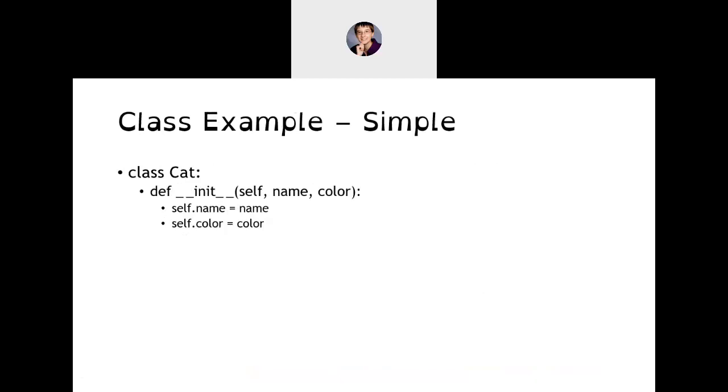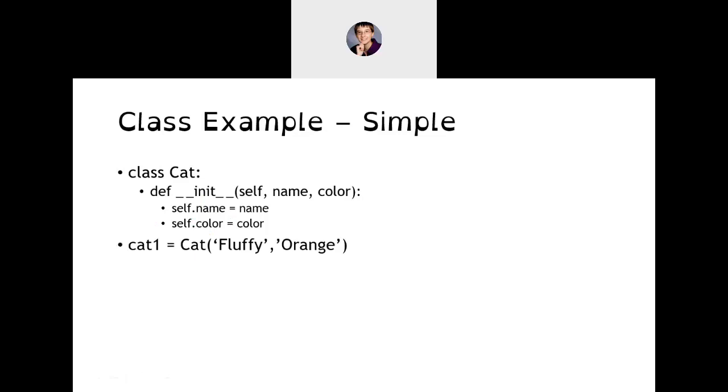It'll probably make a little bit more sense if we take a look at an example. I'm going to have a class named cat, and I decided that the two properties that are most important to this cat class are the name and the color of that animal. So when I want to define a cat instance, I need to provide that name and that color, and they're going to become attributes of that class.